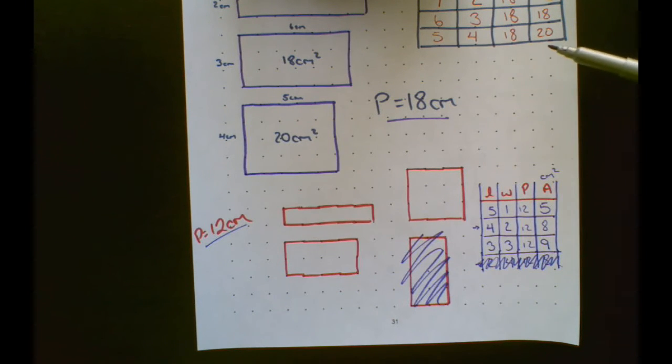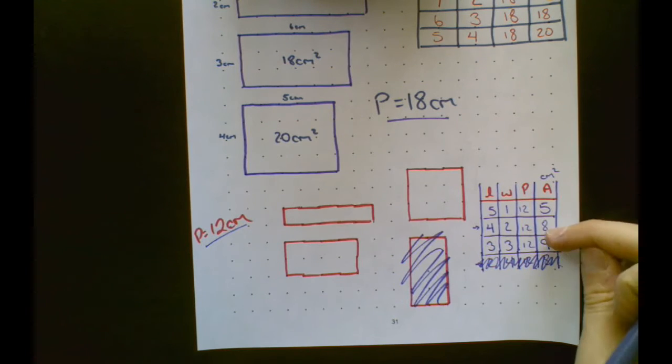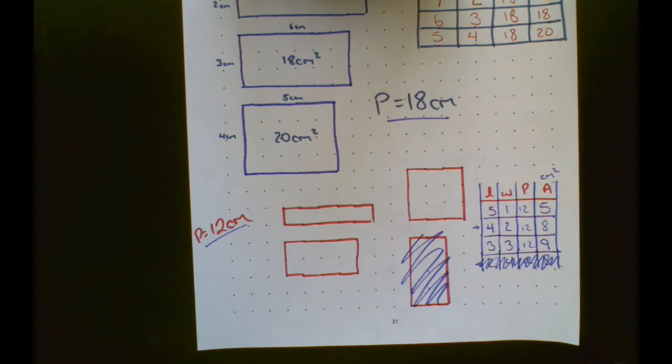If you are not super comfortable just pulling numbers out of thin air, doing a chart like this and actually going through and drawing all those rectangles, while it might take you a little bit longer, it'll give you a better understanding of how these rectangles can change, even though you are keeping the perimeters exactly the same. Okay.